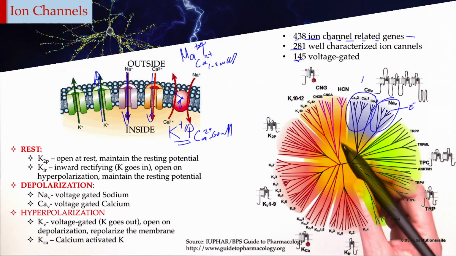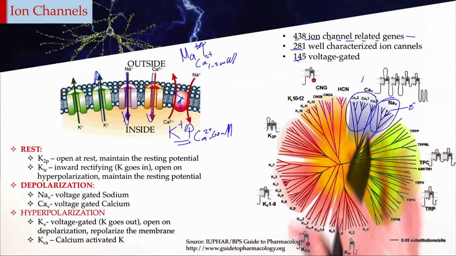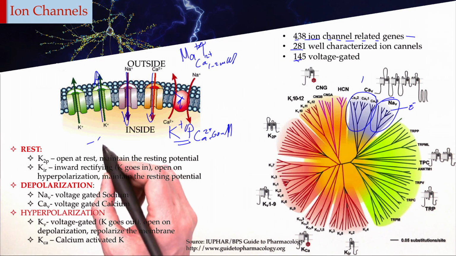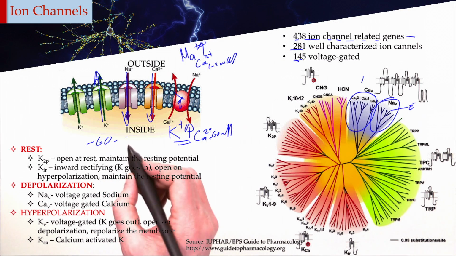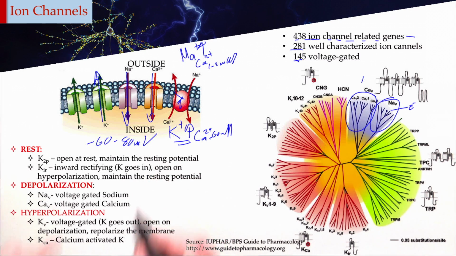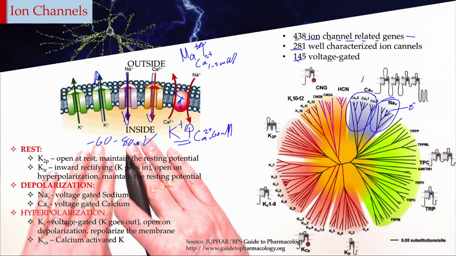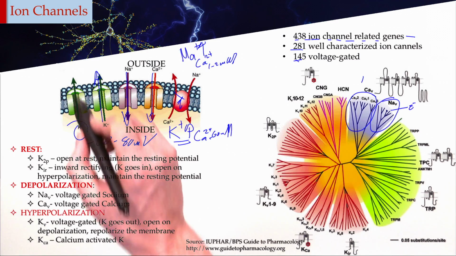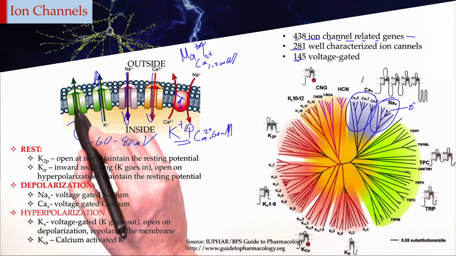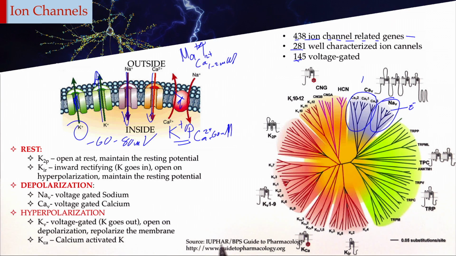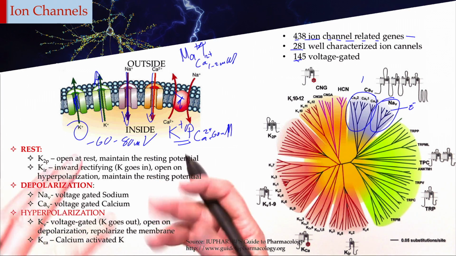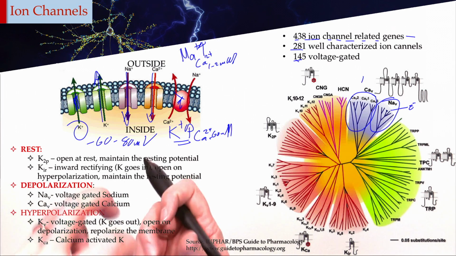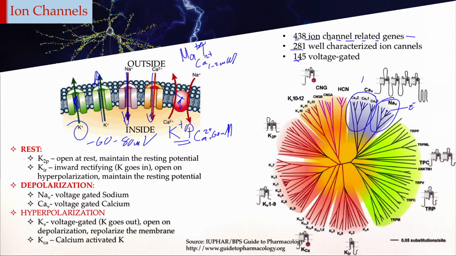And then you have your resting membrane potential. Most cells, as you should know, inside is between minus 60 to minus 80 millivolts. The way you maintain that is by keeping a lot of potassium inside, but essentially it is about the permeability. If you have a membrane that's only permeable to potassium channels, then you will go to what's called the potassium Nernst potential, which you're going to learn about later on. And that keeps the cell at this potential.